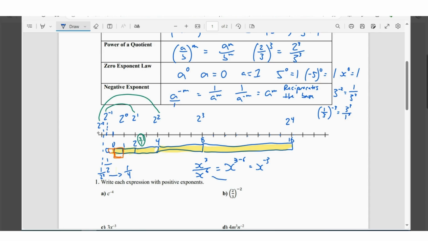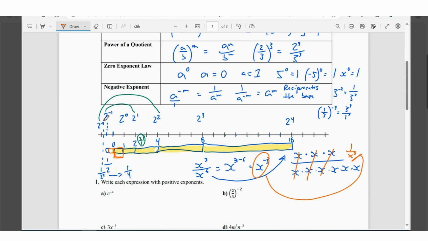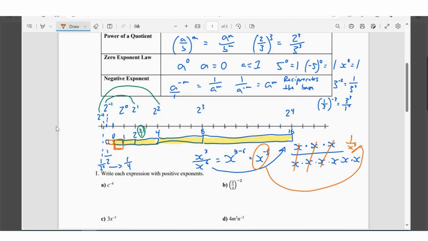And if we drew this out, here's what this looks like. x to the 3 looks like x times x times x, and x to the 6 looks like x times x times x times x times x times x. If we cancel out all of our x's, we're left with these 3 on the bottom. So it's going to look like 1 over x to the 3. So this becomes this.